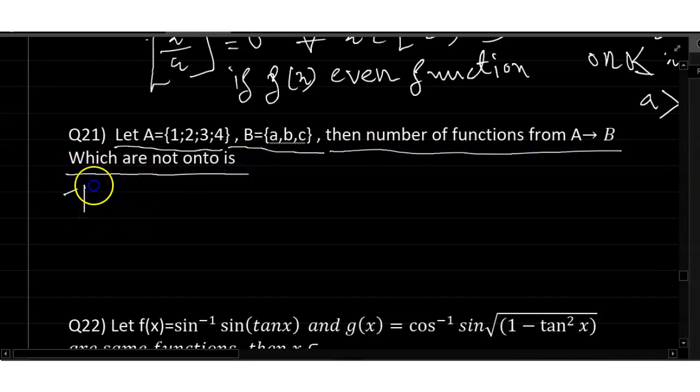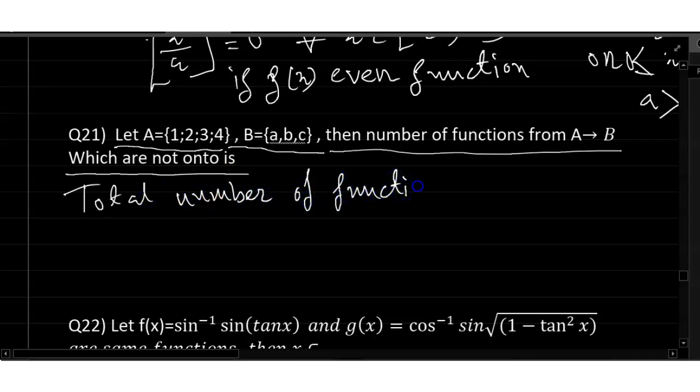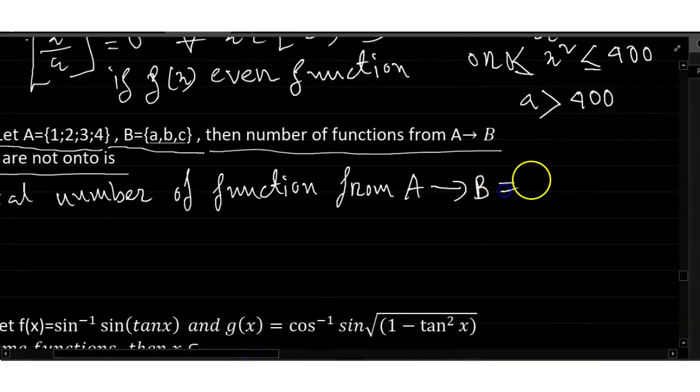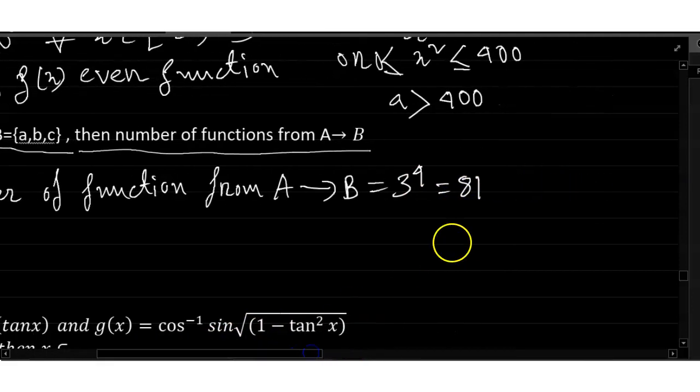So total number of functions from A to B equals 3 to the power 4, which is 81.